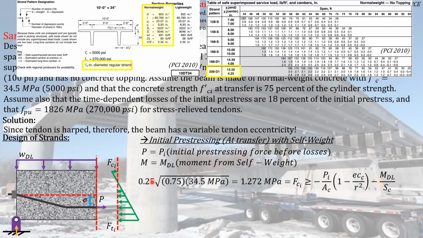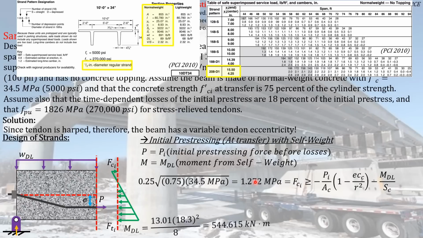It is just equal to 0.25 square root of the initial compressive strength of the concrete element. So this just means that the actual stress that will be experienced by the concrete element at the extreme pre-compressed fiber must not exceed this magnitude here, 1.272 megapascal.